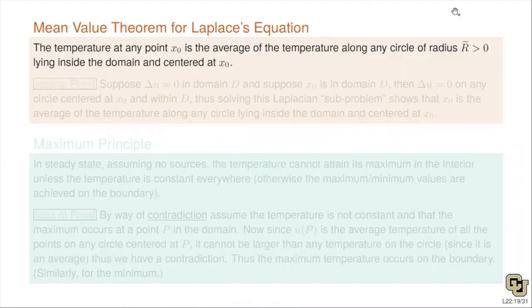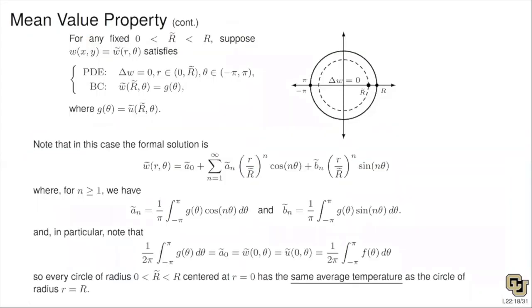So here's the formal statement of these results, with a very general proof. I don't want to get so technical at this stage. If you can appreciate the technique here of posing the Laplacian sub-problem within the domain and using that to get results, that would be great.